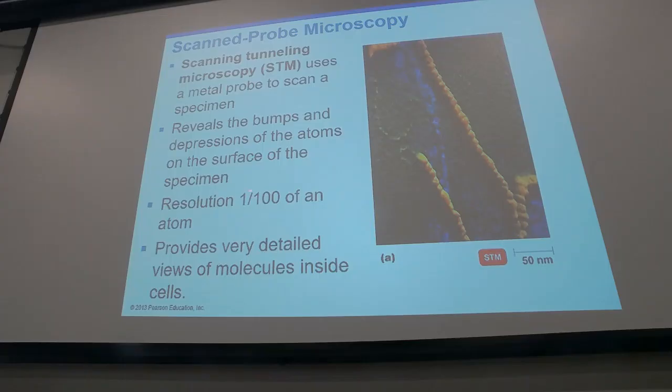And the resolution is 1/100 of an atom. So it lets you see atoms, basically. It gives you the view of molecules inside, like DNA or proteins. So this can be a protein inside this paramecium. Lipids.